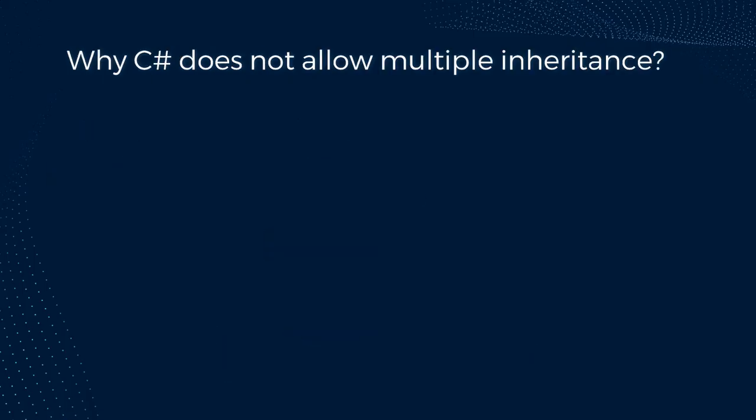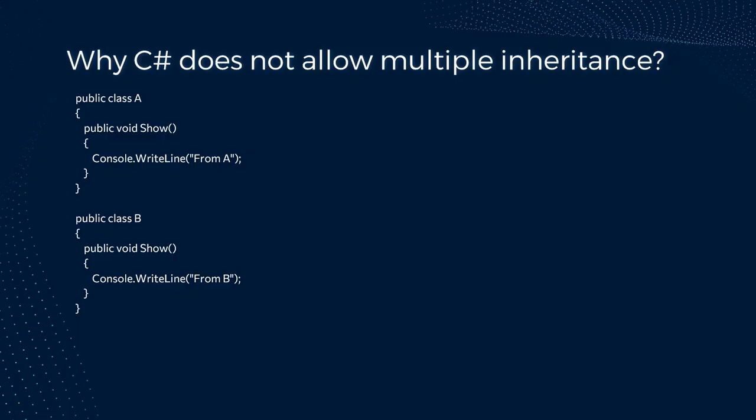And why is it not allowed? Why does C# not allow multiple inheritance? Let's try to understand. Here I have created two base classes, class A and class B, and both the classes contain the same method. Same method means same name of the method. So here we have public void Show and we are printing from A, and in class B we have public void Show and we are printing from B. So both the classes have the method of the same name, Show.